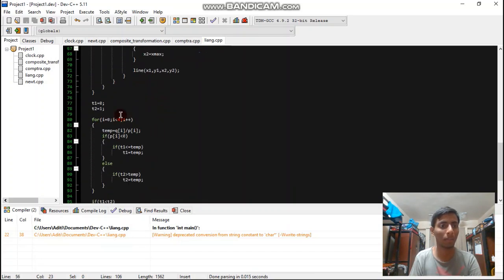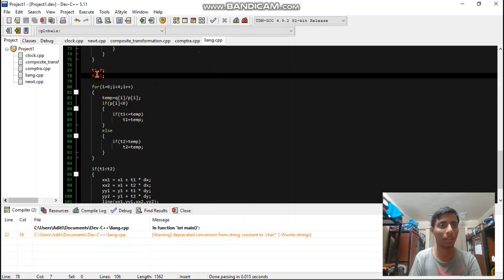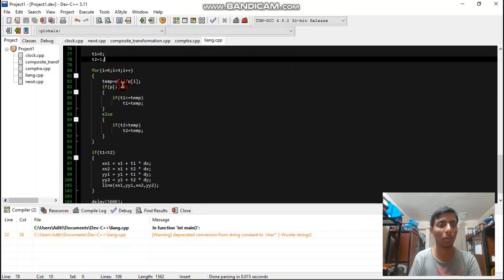Now we initialize t1 and t2 equal to 0 and 1 respectively, and then we find qi and pi. As we have already checked for parallel, now this is for the slanted line. So if pi is less than 0, we find qi upon pi, and we assign the maximum value of qi by pi, wherever pi is less than 0, to t1.